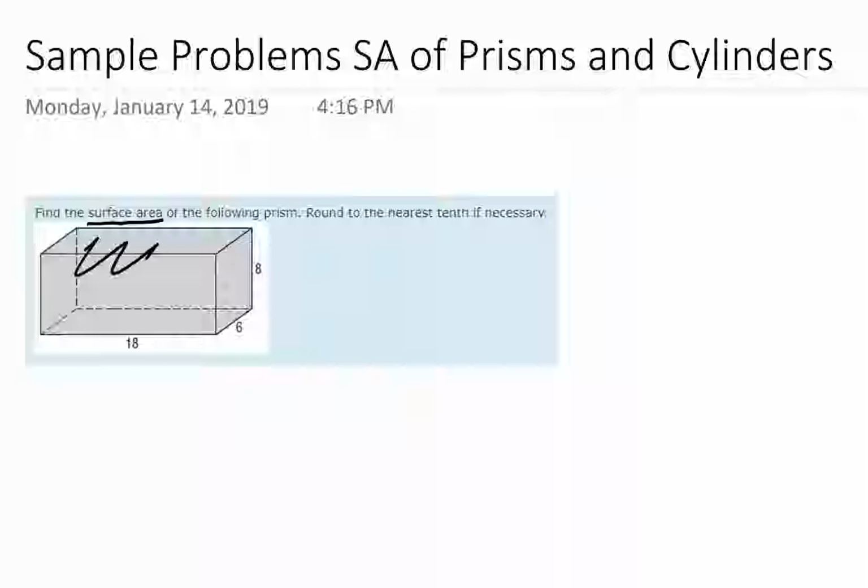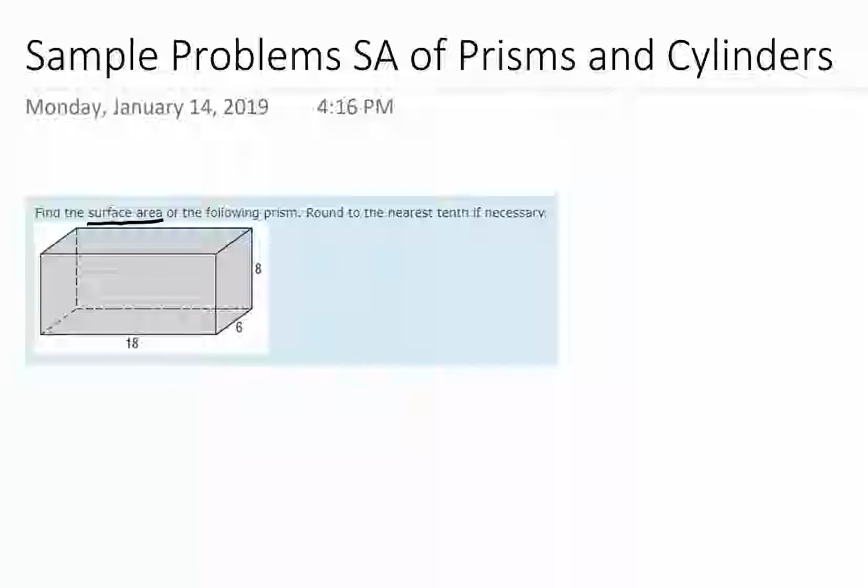Or I could look at it where the back and the front are your bases. It really doesn't matter which ones you choose to be your bases, but you kind of have to designate that before you get started here.